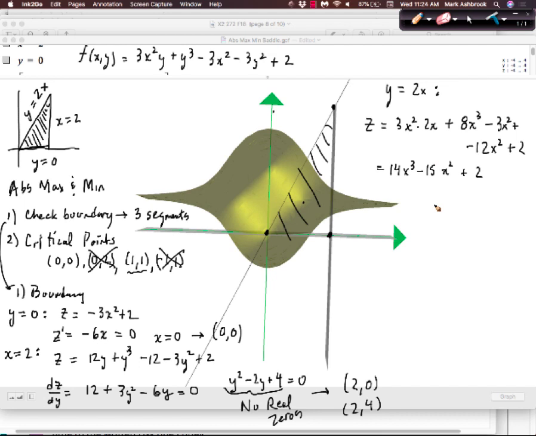So take the derivative. Then dz/dx is 42x squared minus 30x. So we can factor out 6: 6x times (7x minus 5). Check my math.